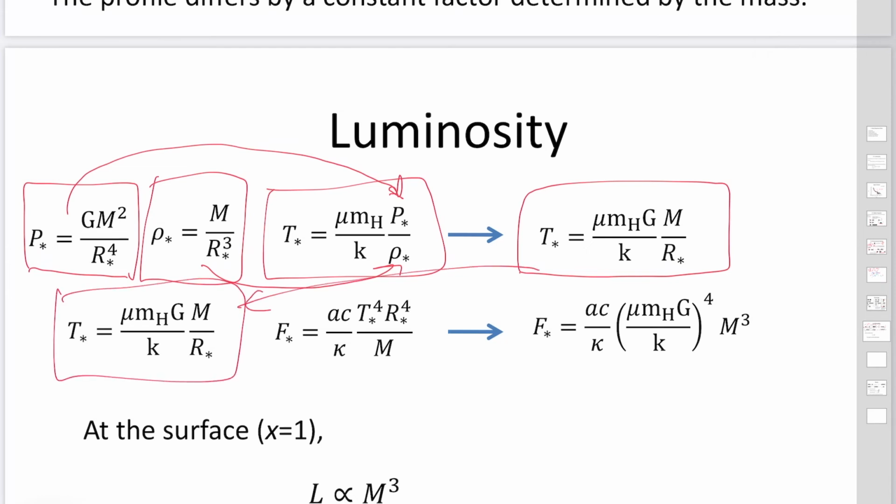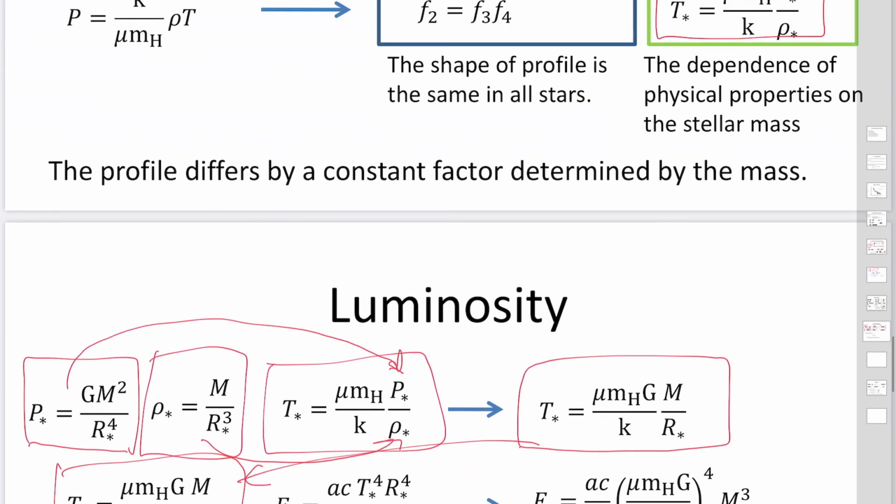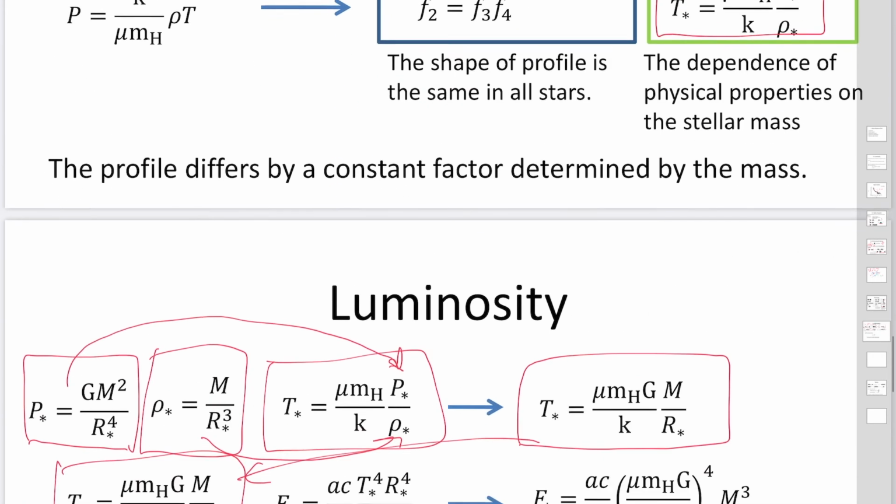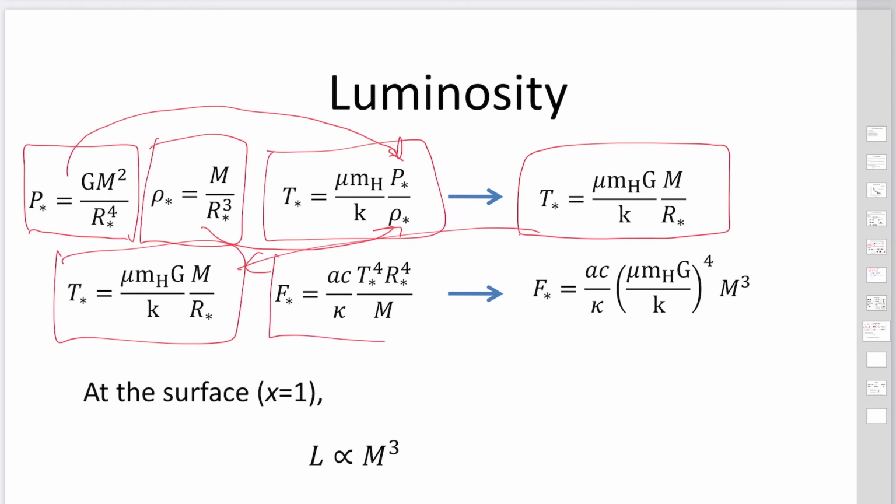And for the flux equation, you can use this third equation here. Then you can substitute this T into this T to the fourth, and you will get this equation.